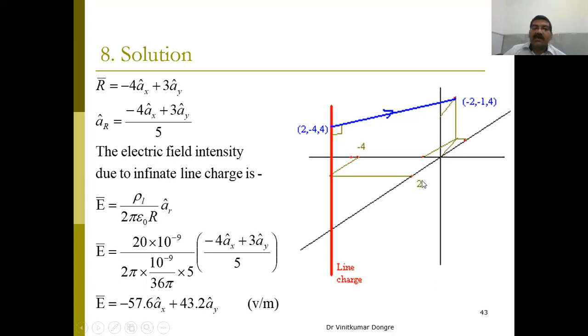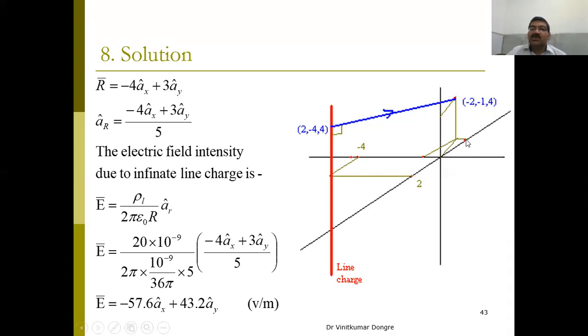Now what is the point? 2 and minus 4. This point is there, and the line should go from this. We consider it parallel to the z-axis, this way. And where you are asked to find the electric field intensity, the point is minus 2, minus 1, 4.